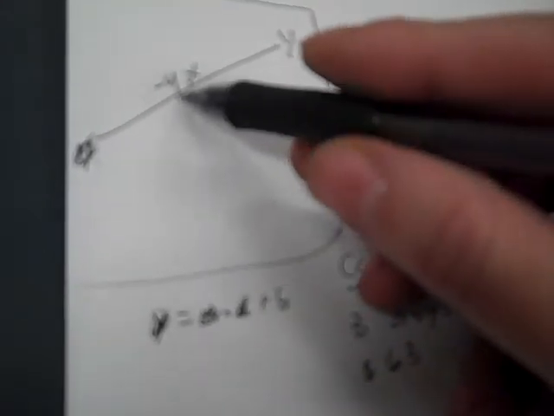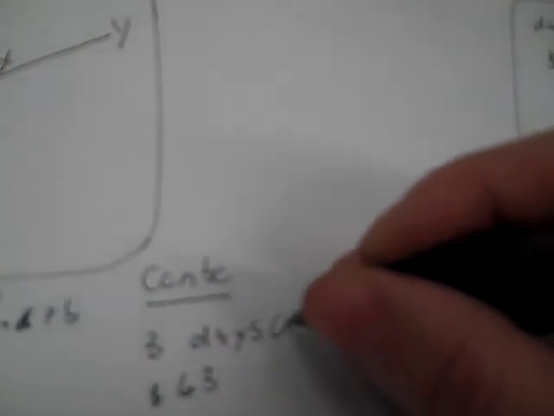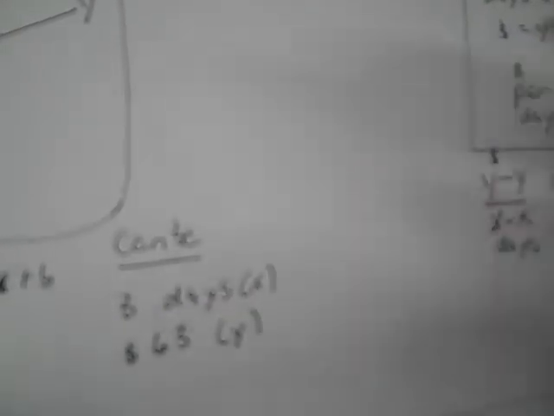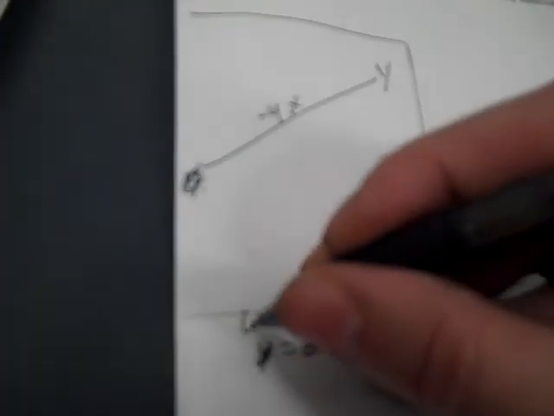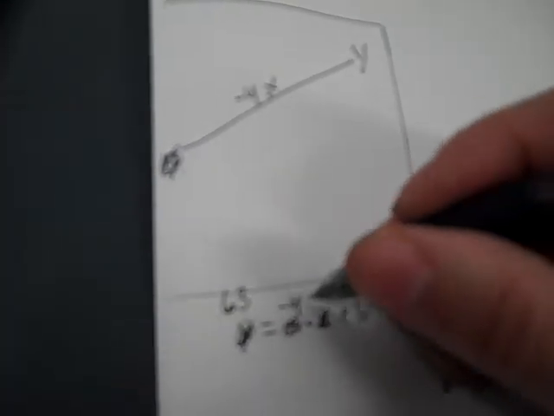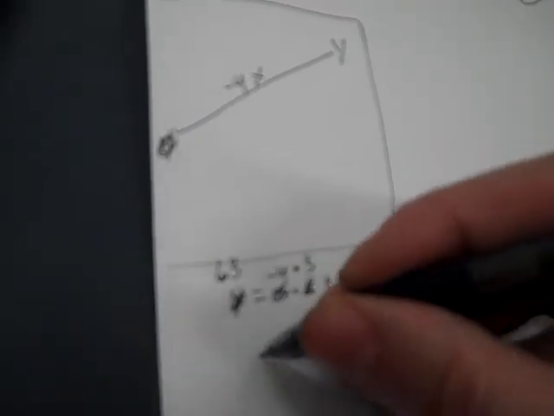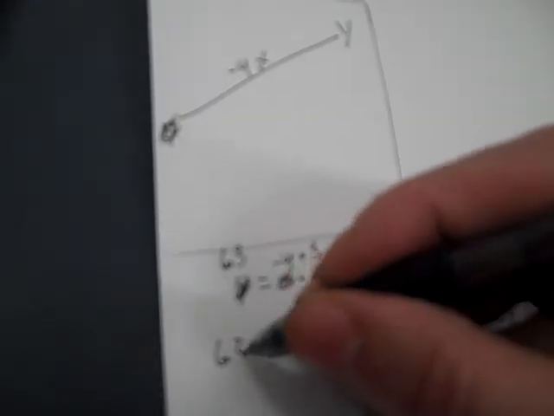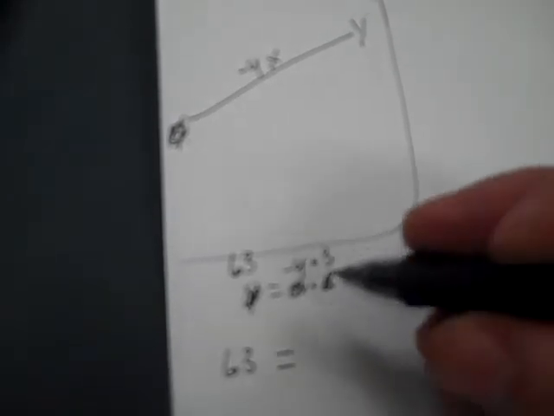Okay, so let's take m out and put negative 4 in. And then days is x, so we need to put that in for x, and 63 in for y. So y is out, 63's in, and then I times 3. So I have 63. Negative 4 times 3 is negative 12 plus b.